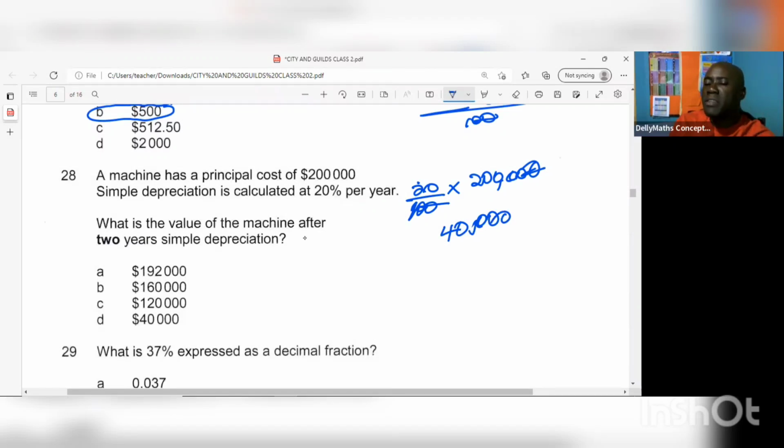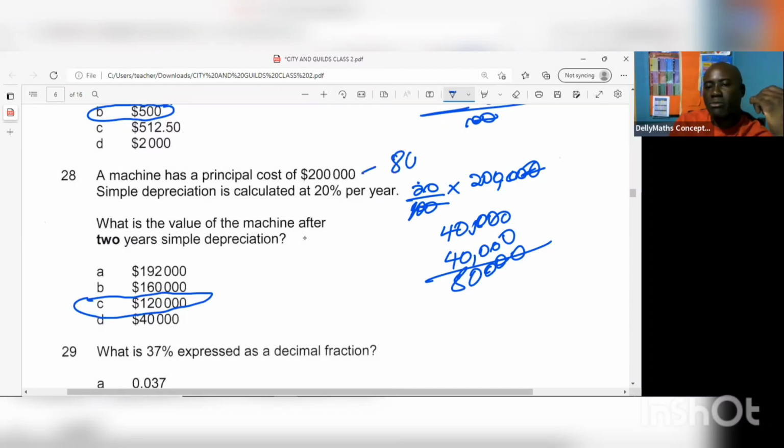And if it is simple, it means it's 40,000 coming off it again. So a total of 80,000 over the 2 years. So you'll be left with 120,000 from the 200,000, so we'll be subtracting 80,000. And why we use that is because they use the term simple depreciation. It's a depreciation where the amount reduced remains the same every year.